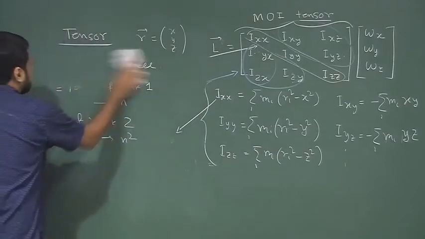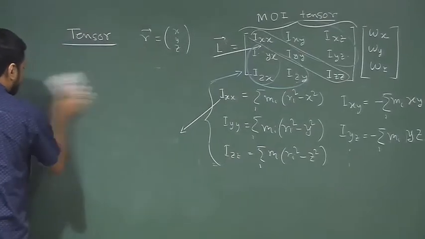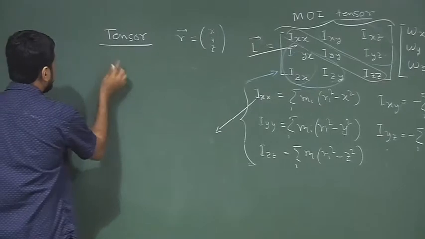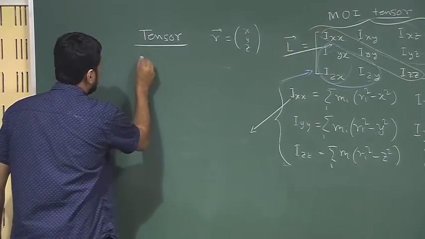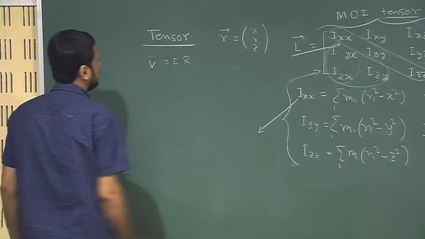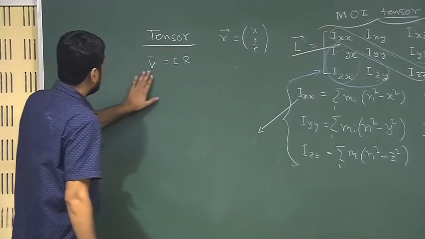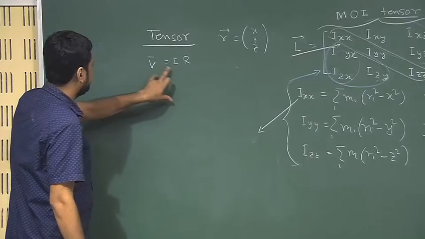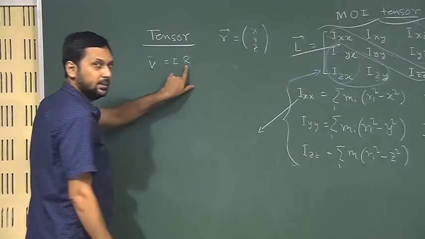So, what we can do is represent these measurements by an equation. We know that V is equal to IR, that is our Ohm's law, I being the current, V being the voltage, and R being the resistance.